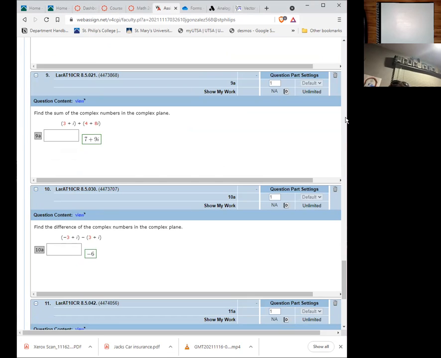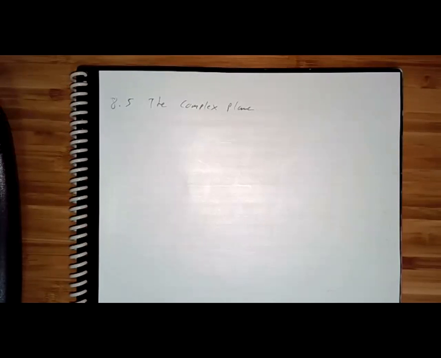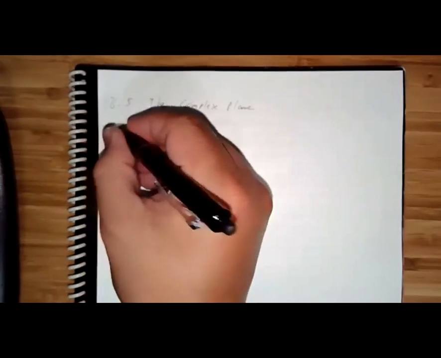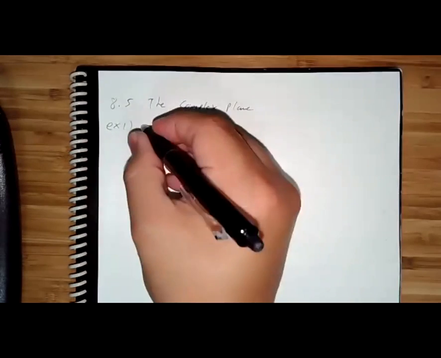Let me write down the name of the section. 8.5, the complex plane. Okay. So far, straightforward, right? Then we'll skip the graphing questions, if you're cool with that.